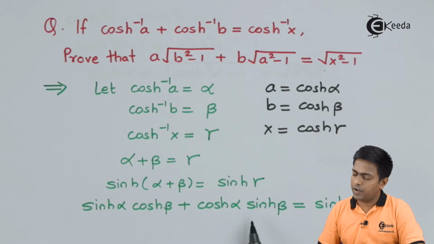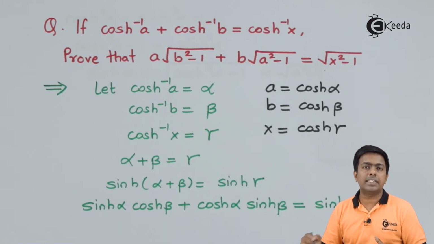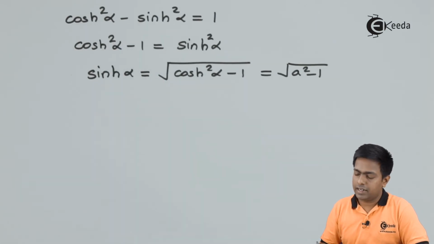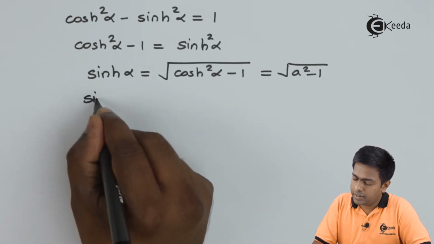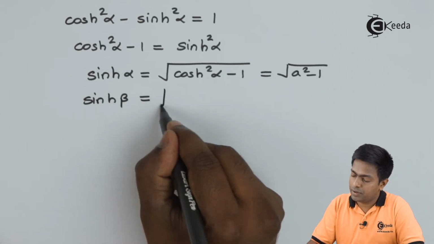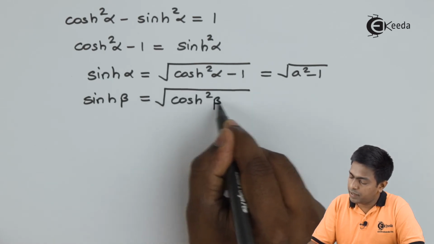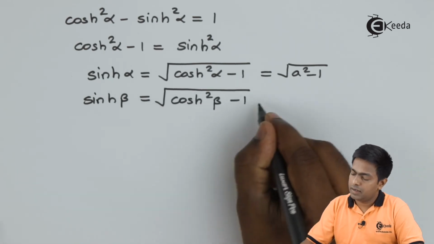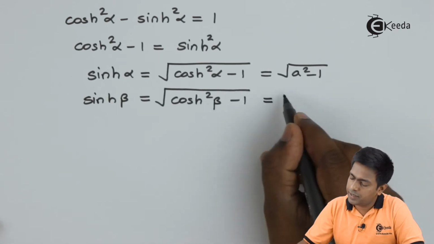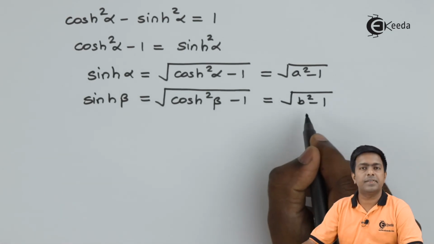Now we just want the value of hyperbolic sine beta. So to get that value, I'll do the same process. So again, by this identity, we can say that the value of hyperbolic sine of beta is under root hyperbolic cos square beta minus 1, and we have value of hyperbolic cos beta, which is B, so that will become B square minus 1.